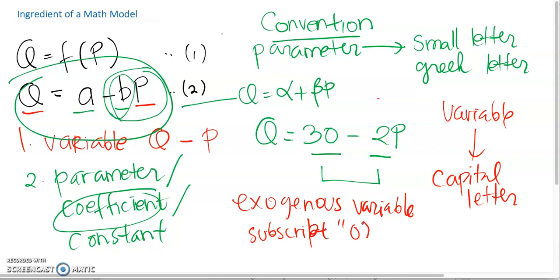So this equation can be written as Q equals A minus B, P0, to denote that P is the exogenous variable and Q is the endogenous variable.